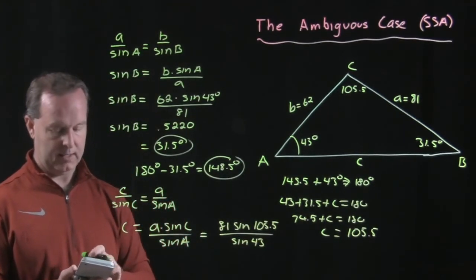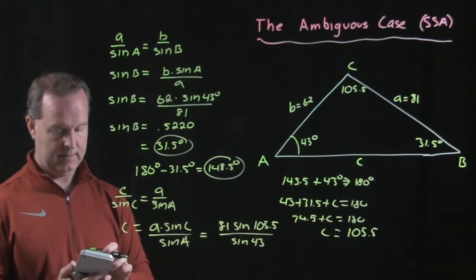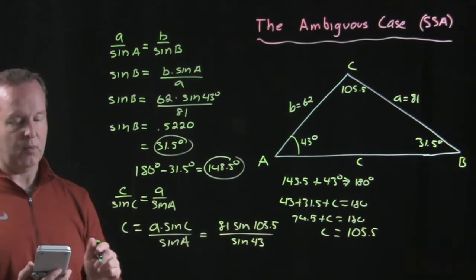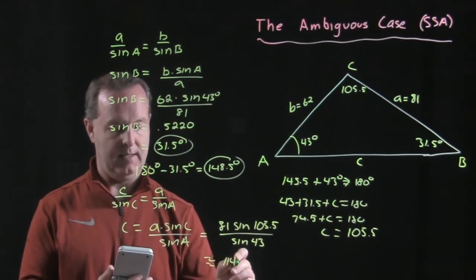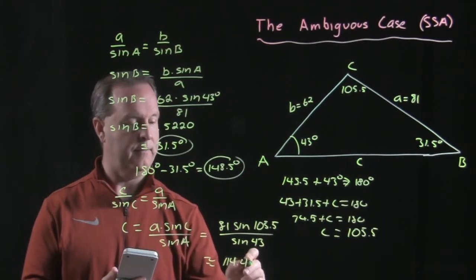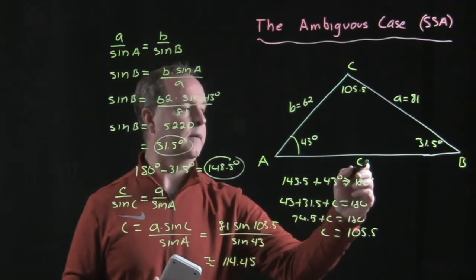And I'm curious, just like you guys are: 81 times the sine of 105.5 divided by the sine of 43 equals 114.45. And that gives me the value right here.